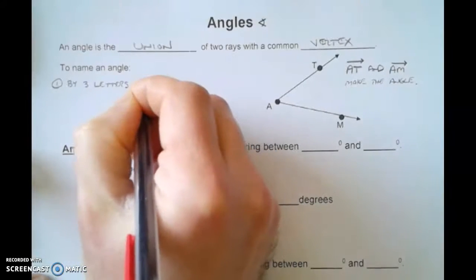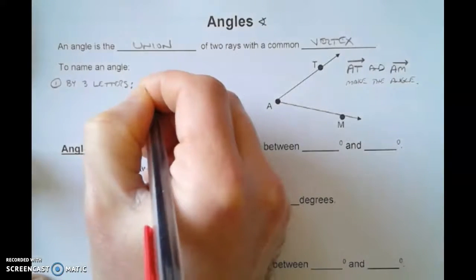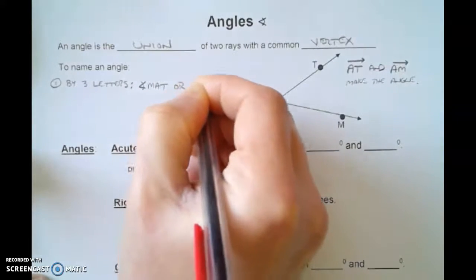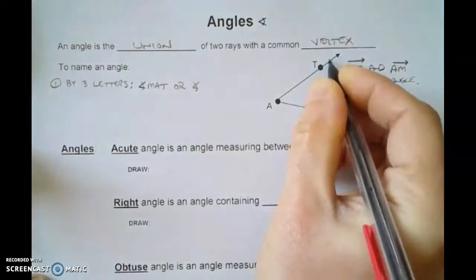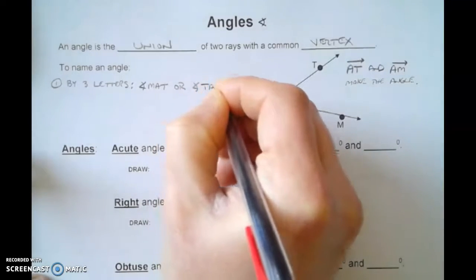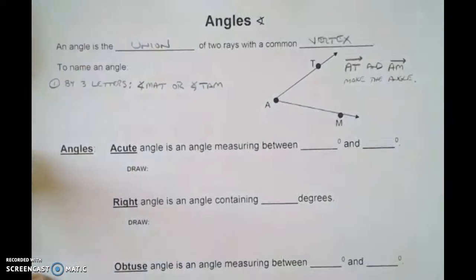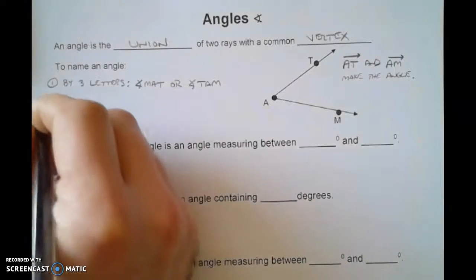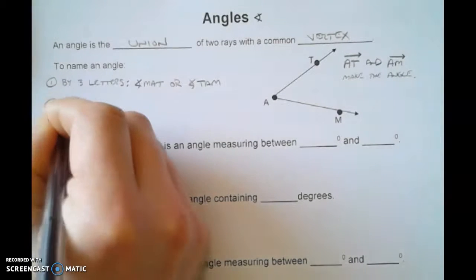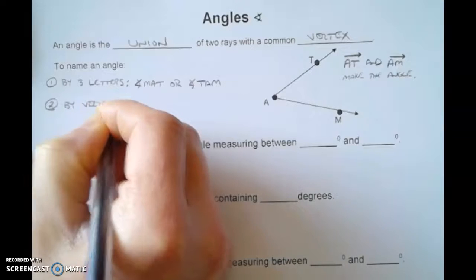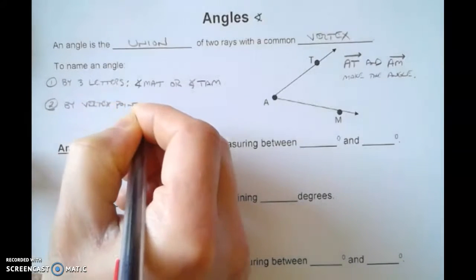So I'm going to put the angle symbol, angle MAT, or I can call it angle TAM. Angle TAM would be the other way that I could name it by using three letters. A second way that you can name an angle is by the vertex point.